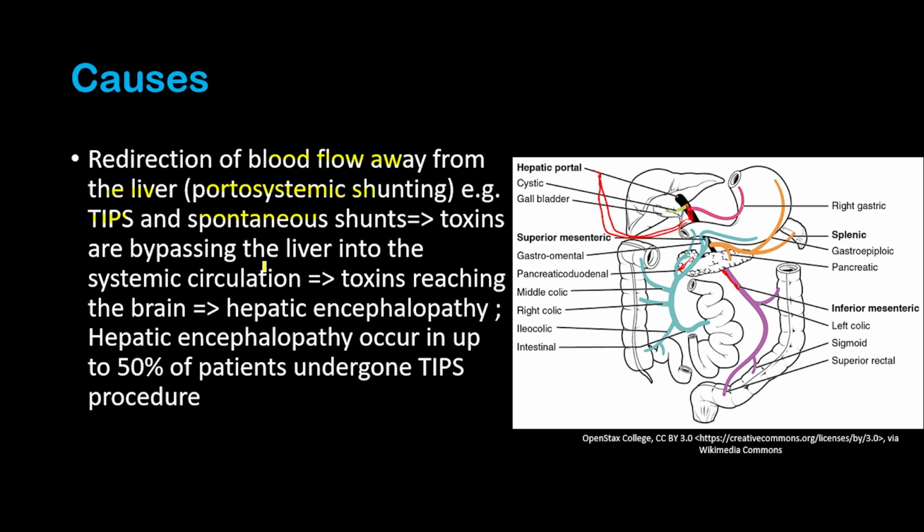So the toxins are bypassing the liver into the systemic circulation, and the toxins are reaching the brain, and this would lead to hepatic encephalopathy. And hepatic encephalopathy occurs in up to 50% of patients who have undergone the transjugular intrahepatic portosystemic shunting procedure.